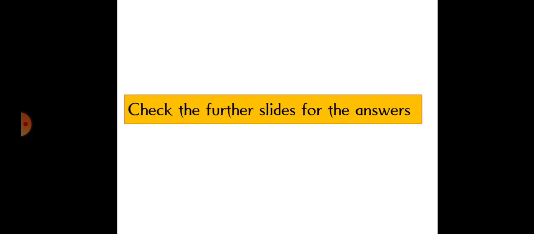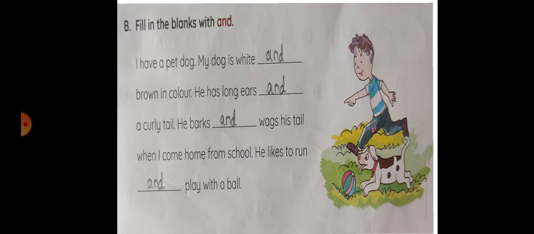Now, see, I will check the further slides for the answers. See here, the joining words I have underlined. Check with your answers. Now, see here, children, in the third answer, what does an umbrella do in the rain? Umbrella helps to keep us safe and dry in the rain.